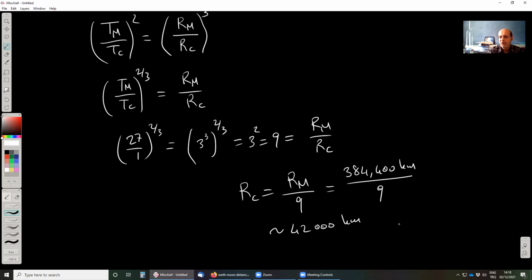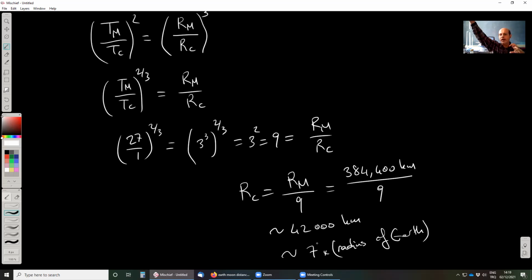Let's just remember that the radius of Earth is about 6,400 kilometers. So as a result, it's like 7 times the radius of Earth. Right? Did I do the calculation correctly? It's a little bit smaller than 7 times, perhaps 6 to 7 times the radius of Earth.